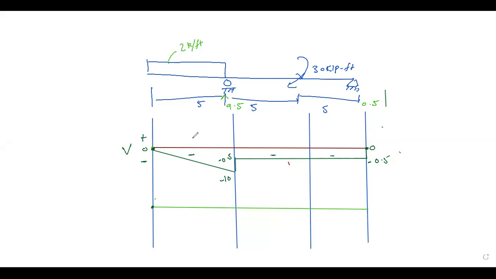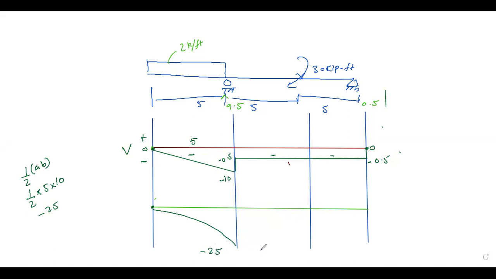It is half times A and B, in this case half times 5 into 10, but negative. So it will be negative 25. And it is under the UDL, so it is a second degree curve.